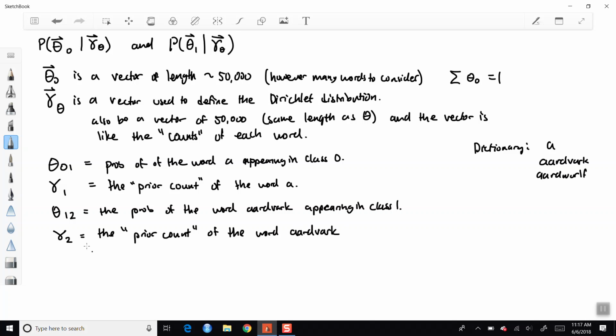So anyway, we have this, and so the probability of drawing theta, either 0 or 1, given our gamma vector gamma theta, this is the Dirichlet distribution.